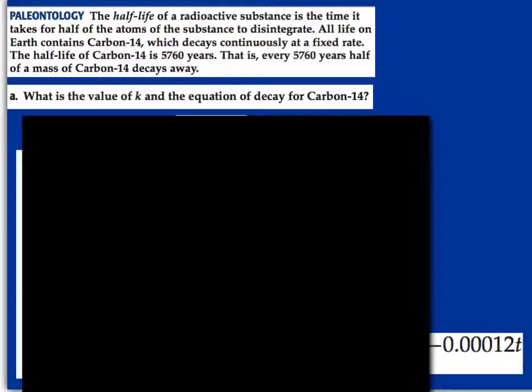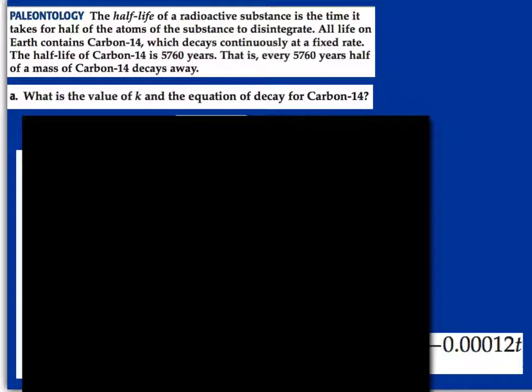All right, so let's make sense of this problem first. What is half-life? Half-life is the time that it takes for a substance to disintegrate. This is actually a chemistry type problem, but you'll see that all life on Earth has carbon-14.